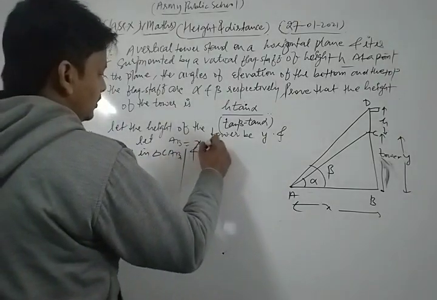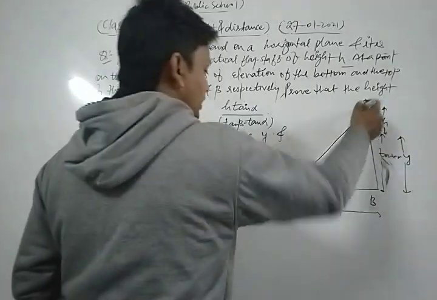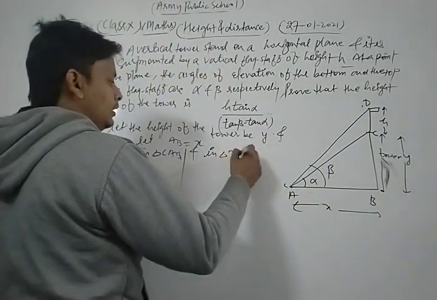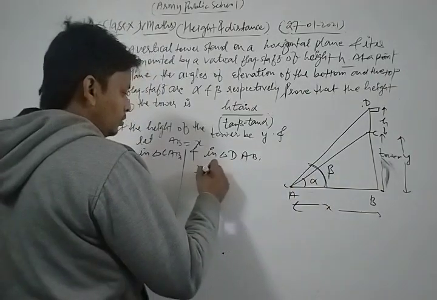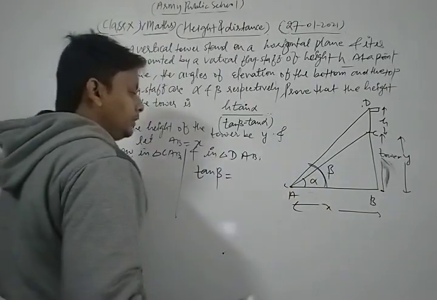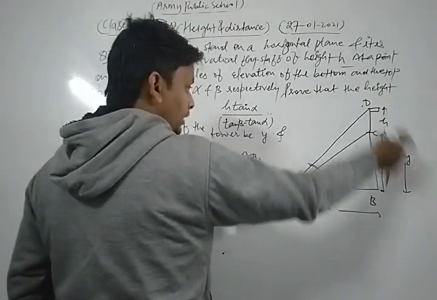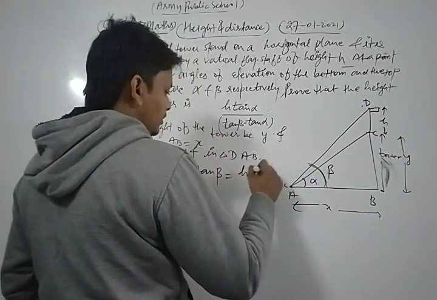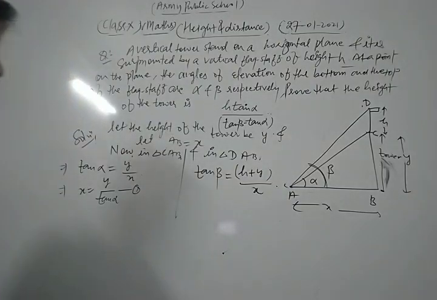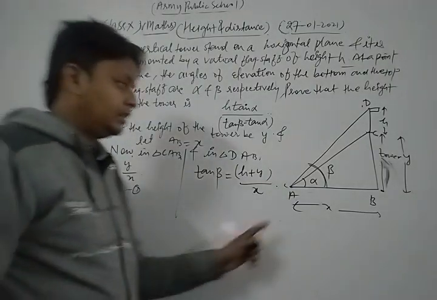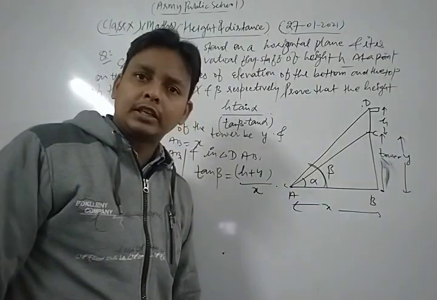And in triangle DAB, the angle is beta, so tan beta is equal to perpendicular, which is h plus y, upon base, which is x. Base is AB in both triangles.